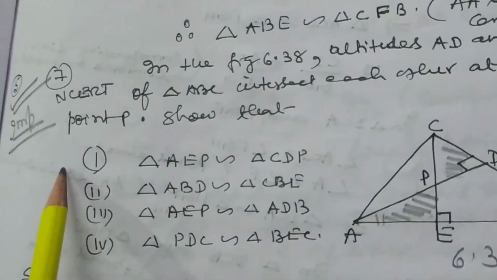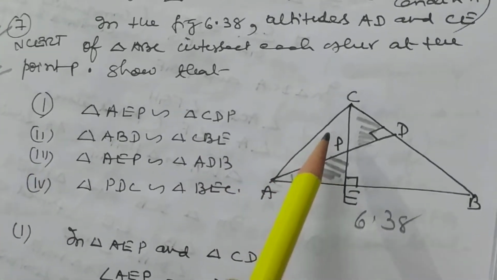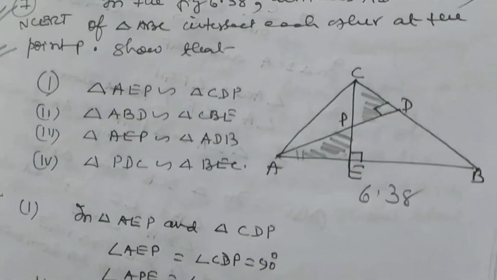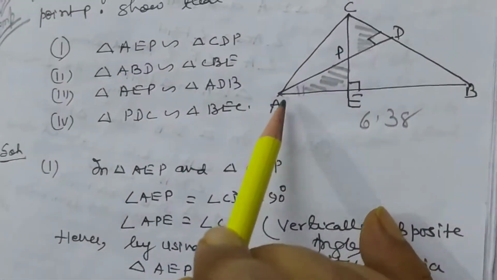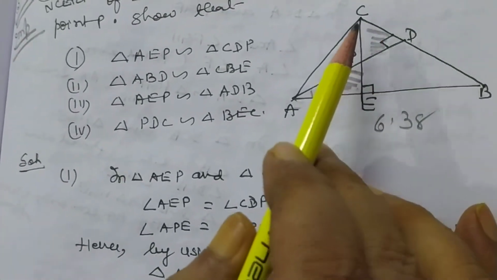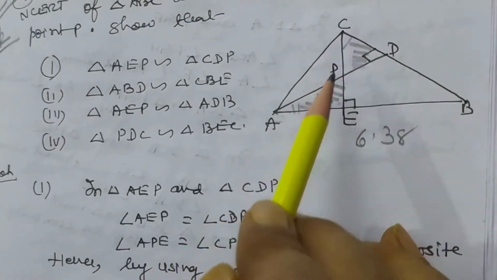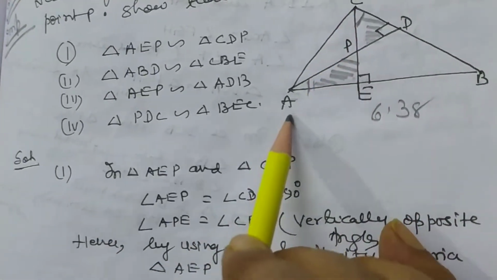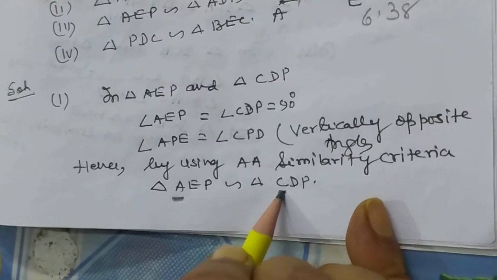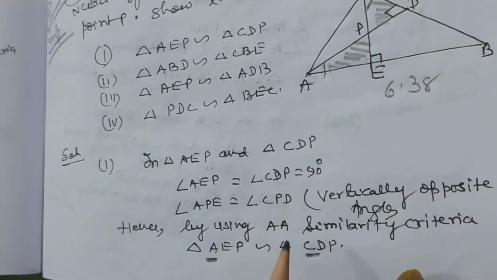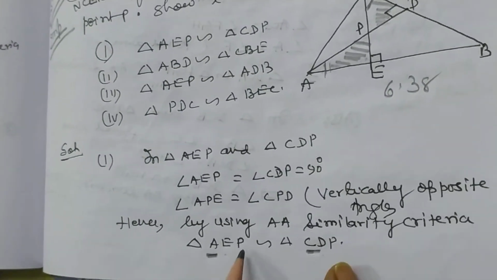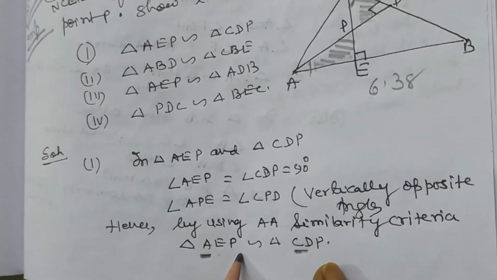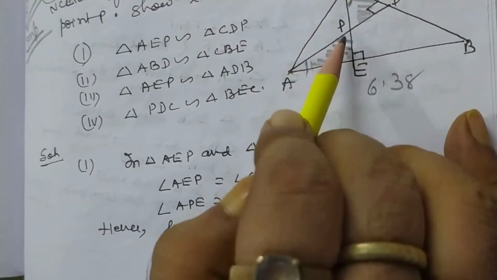My dear student, dear students, this is a very good question to strengthen the concept, and I would say to write the order of the triangle, which I want to discuss here. AEP similar to CDP, angle A is equal to angle C because it is the third angle. So A equals C. A is in the first position, so C is in the first position. Angle E is 90 degrees, angle D is 90 degrees. So E is second, so D is second. Angle P, vertically opposite angle, both are APE and CPD.